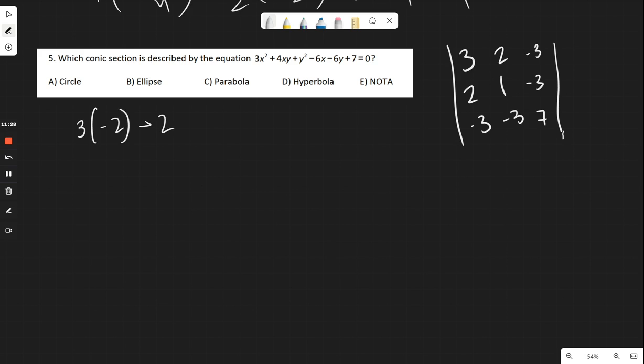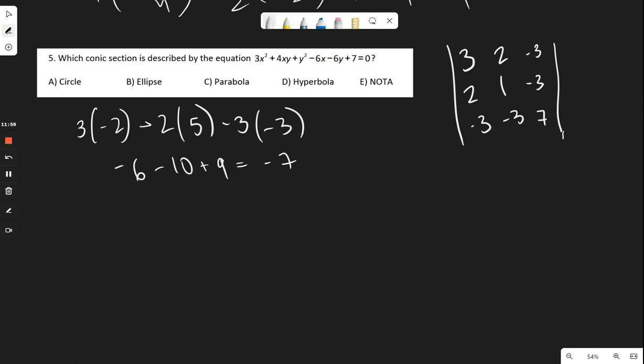We alternate signs to get -2 times 14 minus 9 again, so 5, and then plus -3 times 2 times -3, which is -6, minus -3. So -6 plus 3, which is -3, and I kind of did that fast, but hopefully this is right.